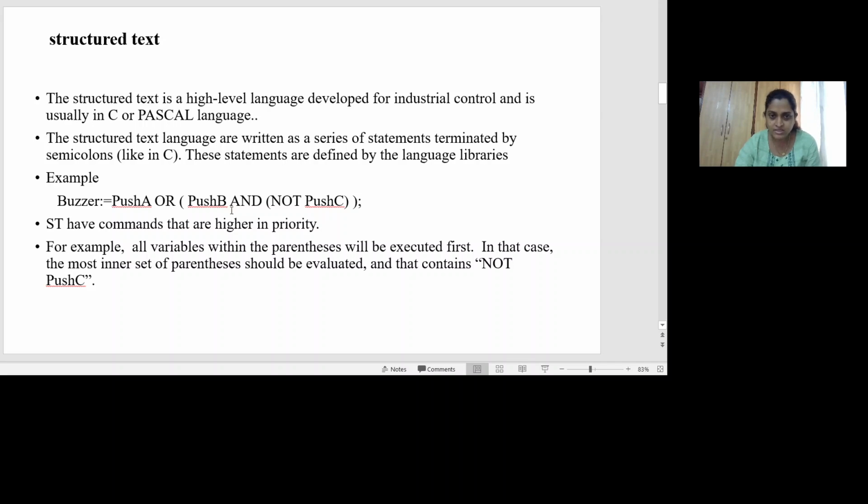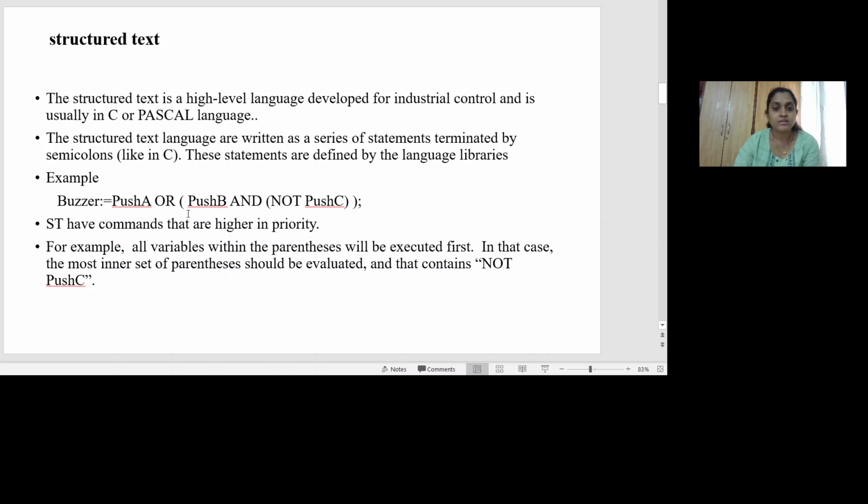In this structured text language, we can give priority to the input variables. Here you can see I have put a parenthesis. A parenthesis indicates that it has the highest priority. So in the above statement, you can see NOT C. The C variable is given the highest priority, so that is computed first, and then it will be ANDed with the B input.